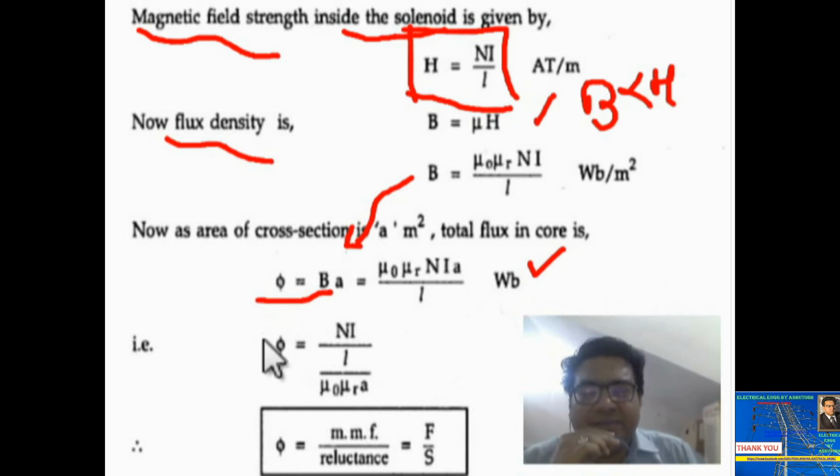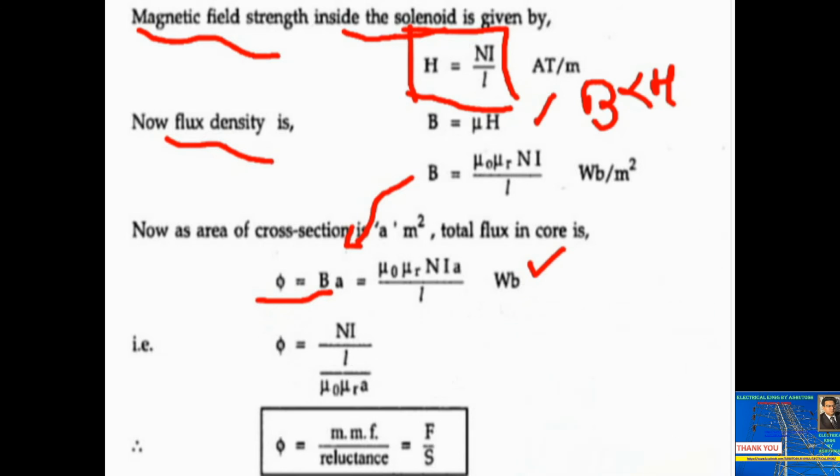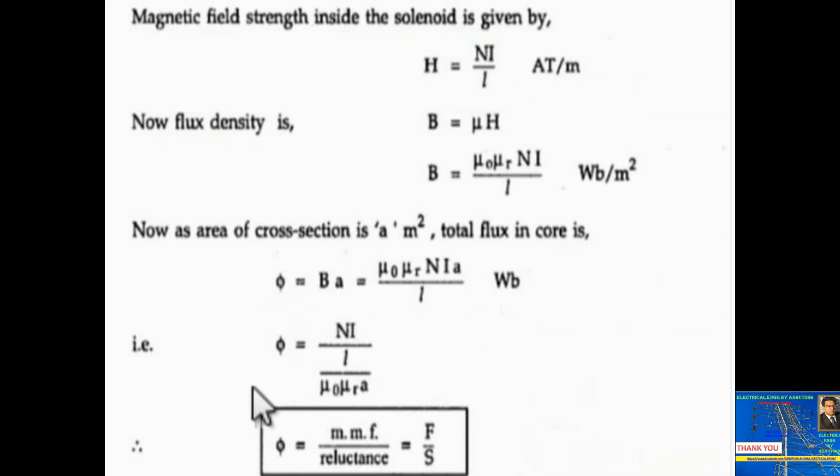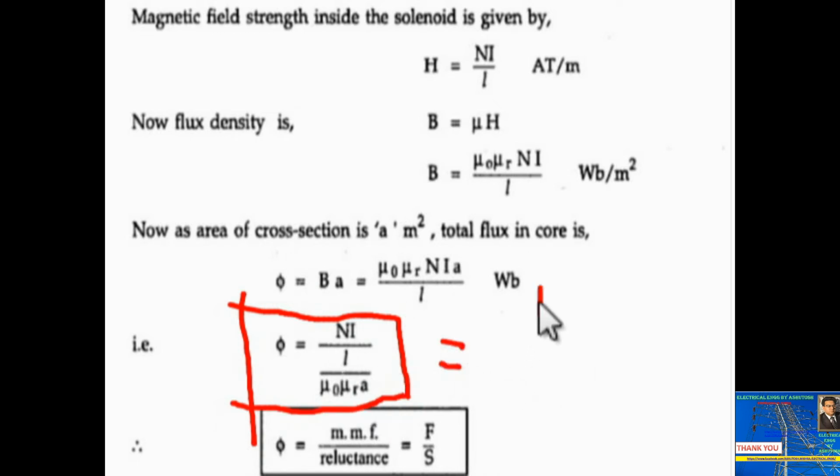And then guys, you can write flux in this way. See here. Now flux can be written as Ni, and then take this mu 0 mu r A in the denominator. So it becomes Ni upon L upon mu 0 mu r into A. So Ni is actually MMF, that is capital F, the magnetomotive force, which is taken in ampere turns.